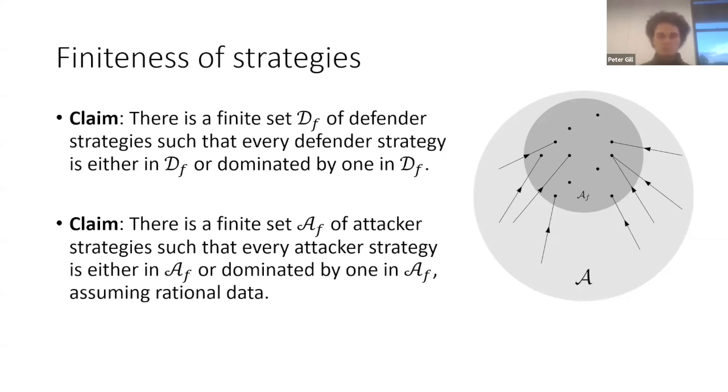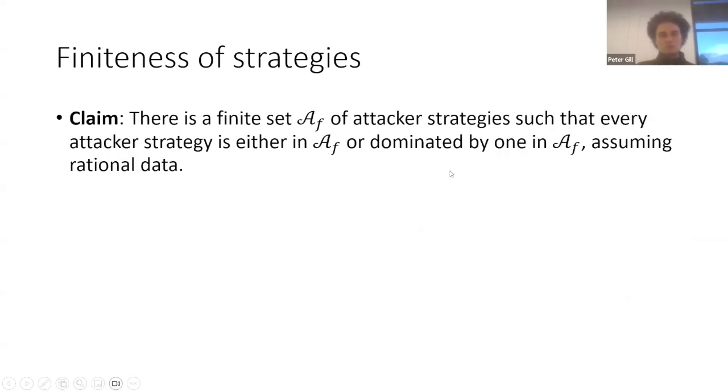From my space, I only need to consider finitely many to counter his finitely many choices there. So that's the intuition, and we can explicitly construct what strategies the attacker needs to care about.